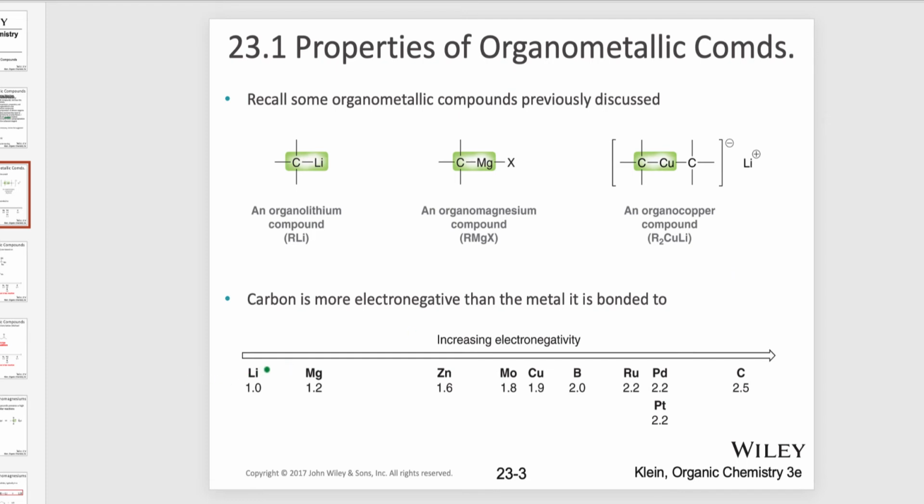We know that lithium is main group number 1, so we see it here, and then here we have magnesium, and here is zinc. So we're going from left to right. We have increased electronegativity. That now also affects this bond and how it reacts under various circumstances.